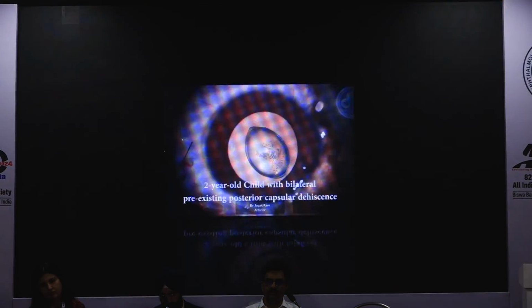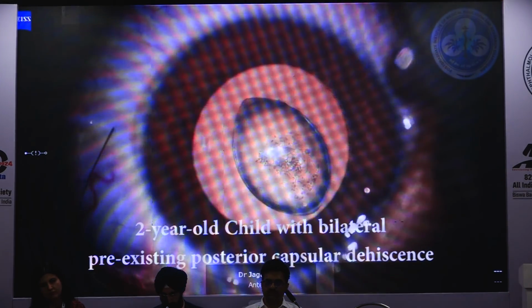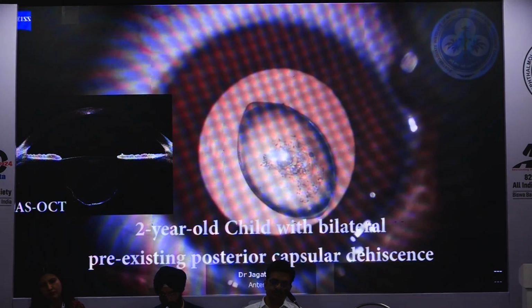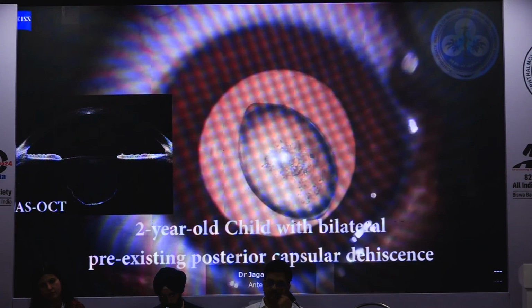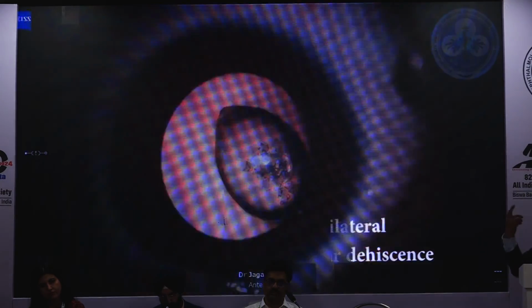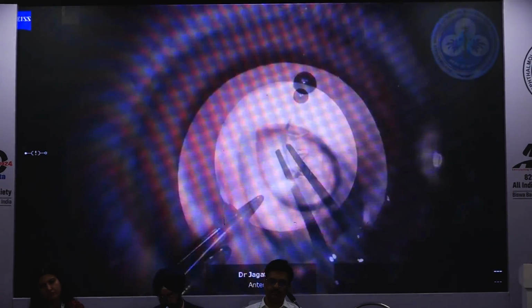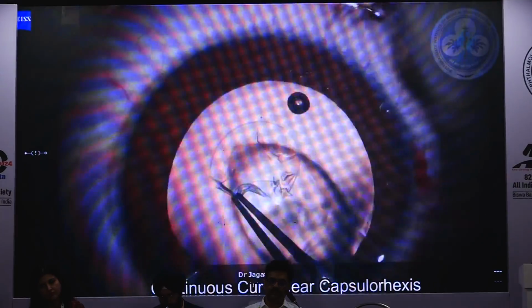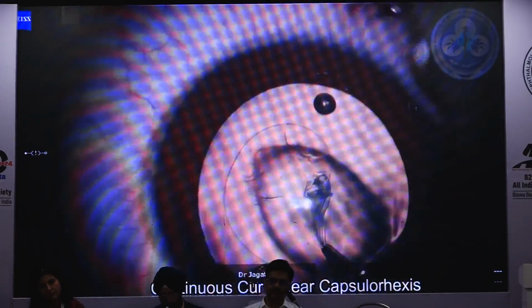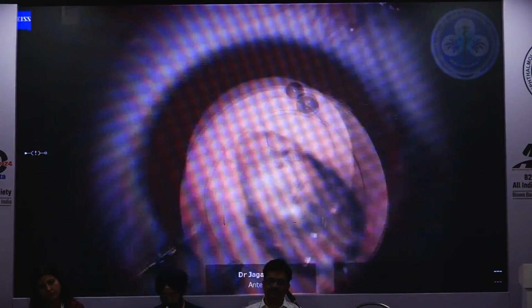So here it is the first case, which is a 2-year-old child with pre-existing posterior capsular dehiscence. You can see the anterior segment OCT on the side. We anticipate that this child will have posterior capsular tear.